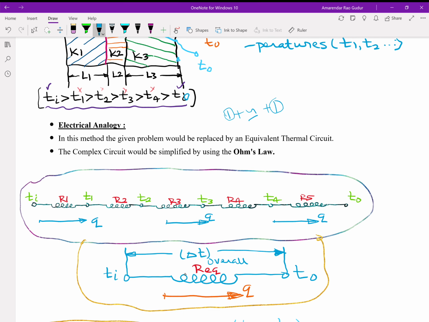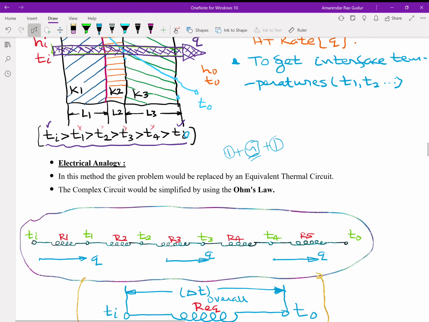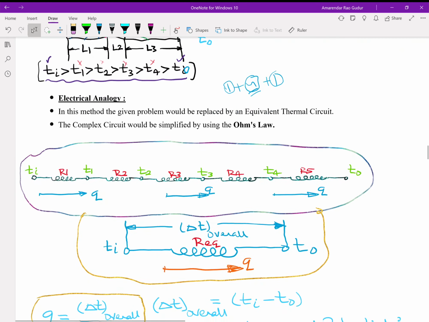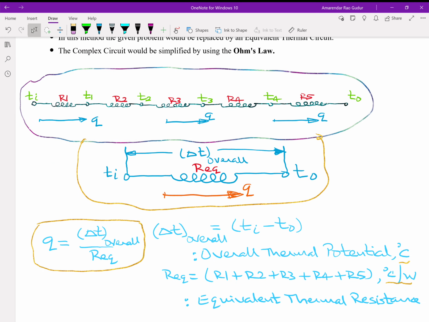In the middle, number of conductive resistances, as many as the number of layers. Since we have begun our proposal with a 3-layered system, we are going to have 3 conduction resistances. Like R1 is inner convective resistance, R2, R3, R4 are the conductive resistances, R5 the outer convective resistance.